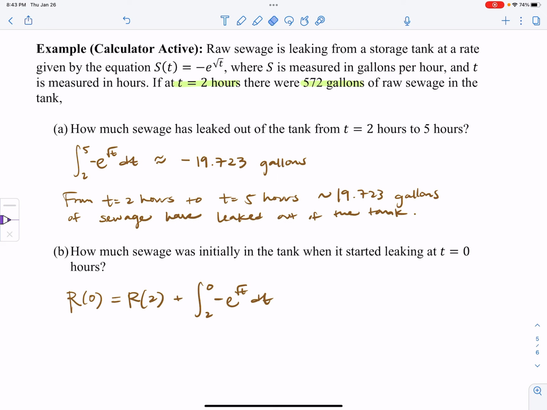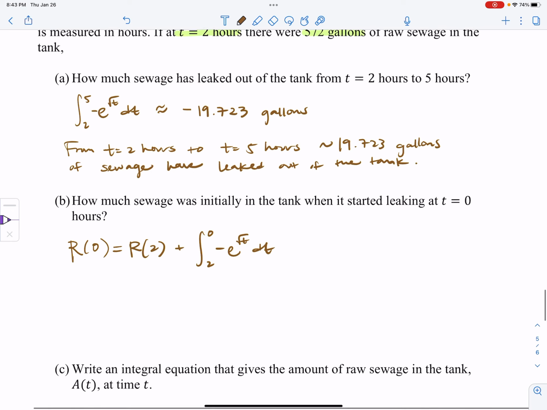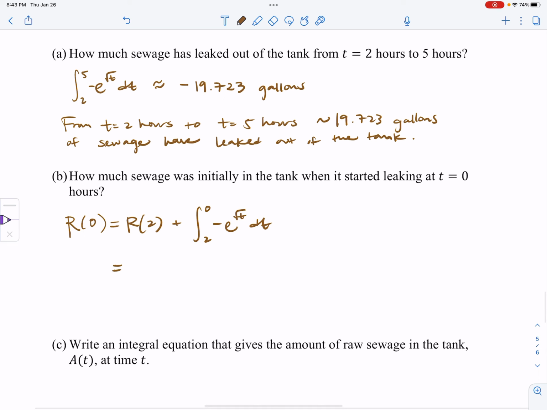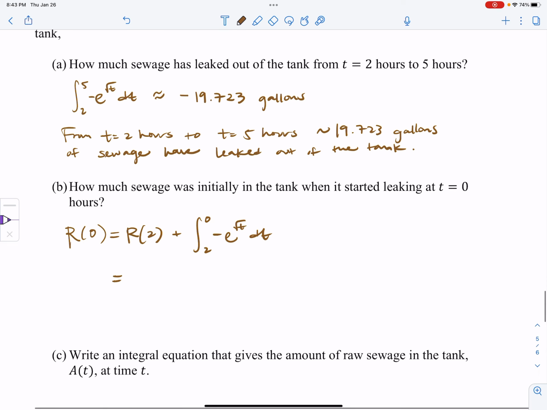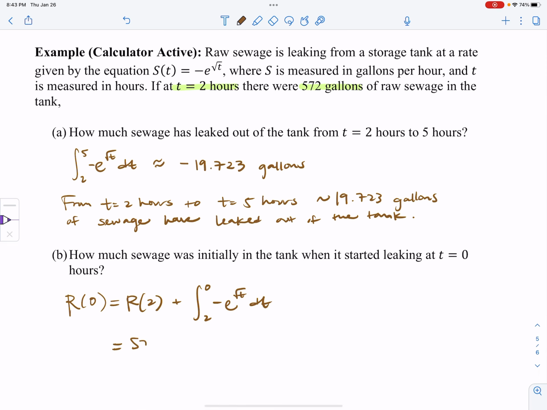Right? If we were setting this up in terms of T, this would be R of T, right? And this would be T or X, right? R of X. So we want to plug in 0 there. Okay, so then that's 572 plus that integral.